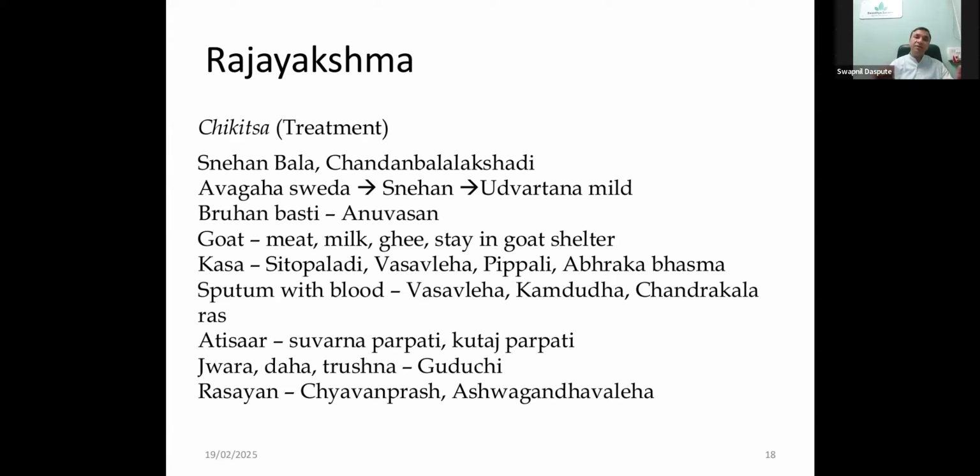That time it was written that the patient with Rajakshma should stay in the goat shelter and consume whatever comes out of the goat. So naturally, the goat must have immunity and resistance against Rajakshma or tuberculosis. Hence the Acharya said to consume everything coming from the goat and stay with the goat so that immunity will build faster and the Rajakshma will get cured faster.